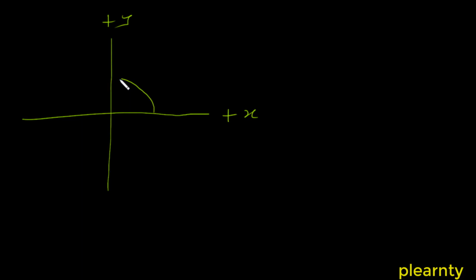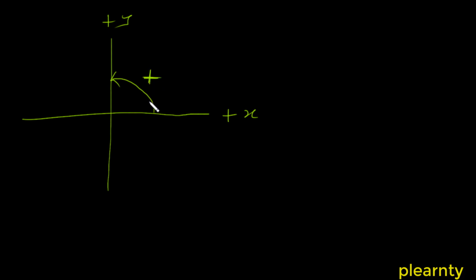And one good thing to note is this: when you have two axes, x and y, you have to start your theta from the positive x-axis towards the positive y-axis. That is from here to here. And when you do this, you say it is a plus.